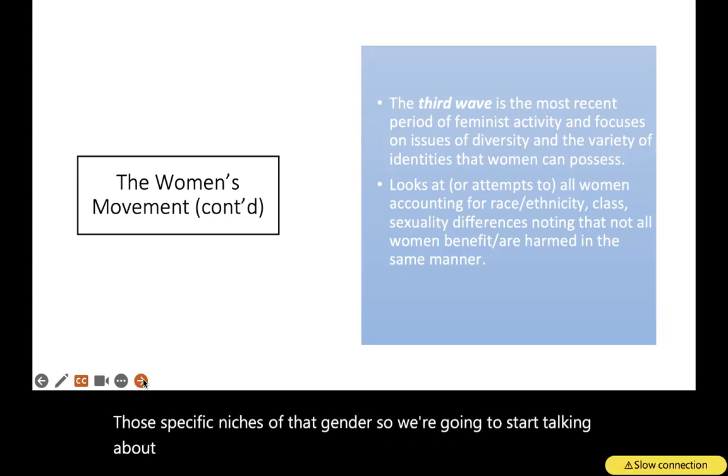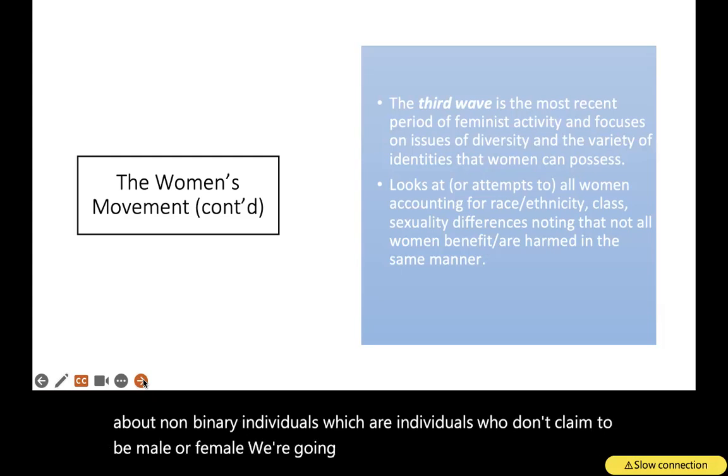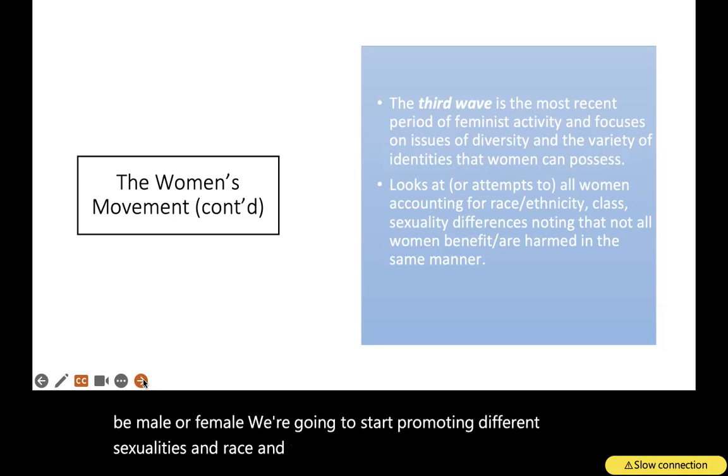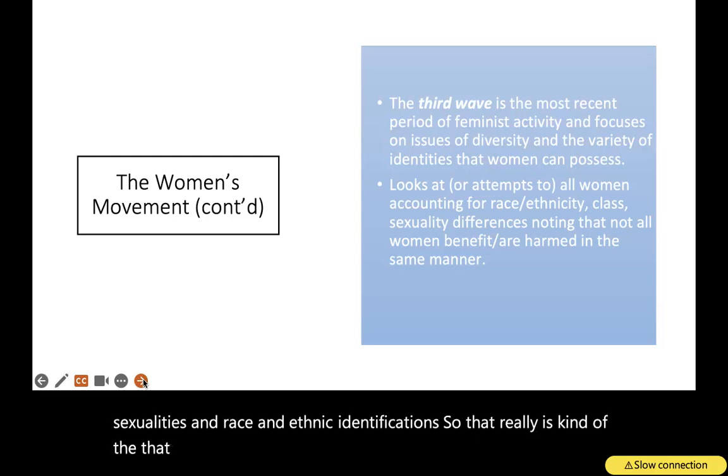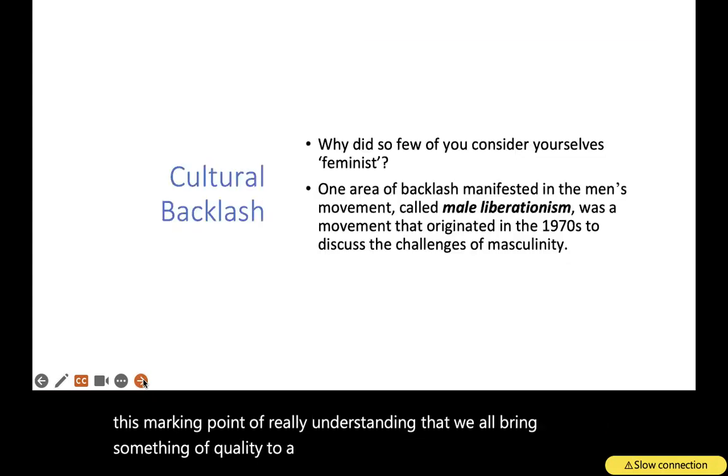So we're going to start talking about non-binary individuals, who are individuals who don't claim to be male or female. We're going to start promoting different sexualities and race and ethnic identifications. So that really is a marking point of understanding that we all bring something of quality to a situation.